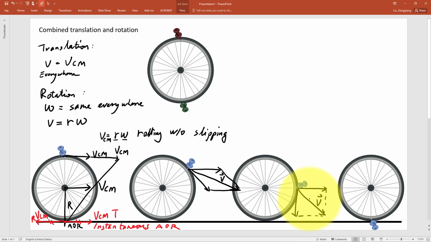Magnitude wise, this is actually the longest because the two velocities are adding straight. This is slightly longer than the single velocity, but it's actually getting a little less because the two velocities are not exactly adding in a straight line. And then this one is shorter, kind of shortest of the three.